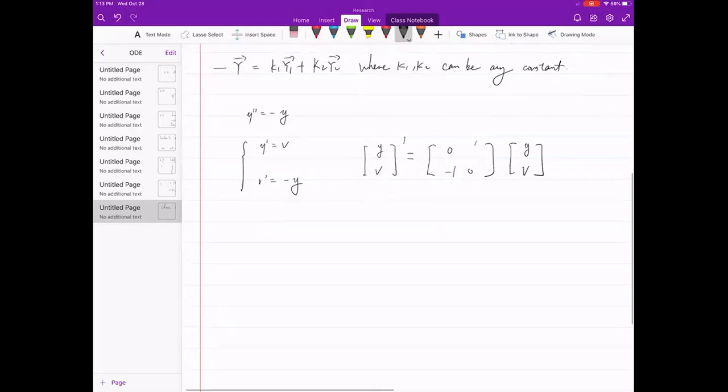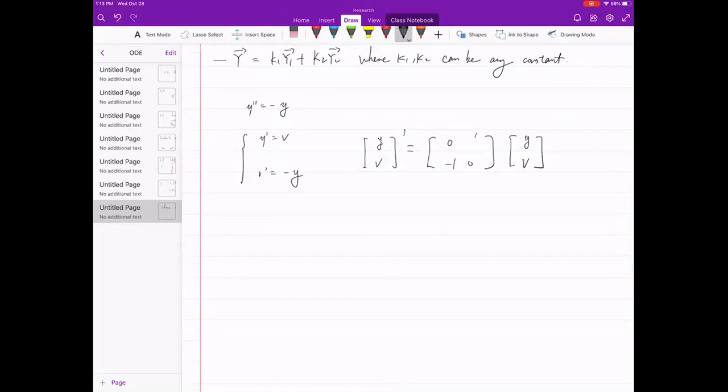To solve this one, we just need two linearly independent solutions, which we already know: sine t and cosine t.